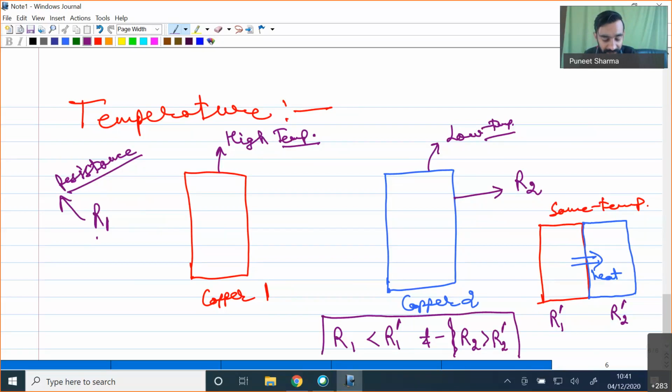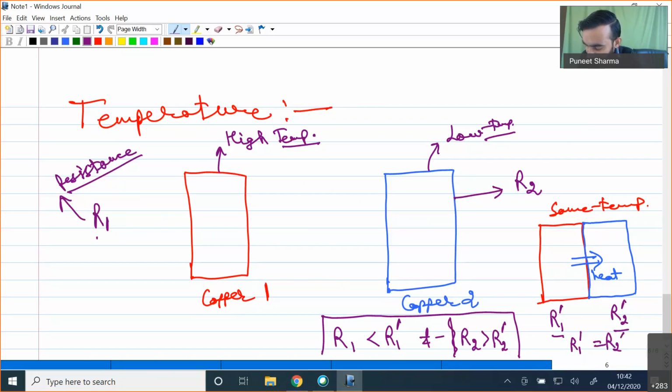So initially we had different resistances, and then we made thermal contact between the two blocks. Because of the thermal contact, these blocks have come to thermal equilibrium, and finally we have obtained the final value of resistance for the two blocks. If the blocks are identical, we will find that R1 dash is equal to R2 dash.